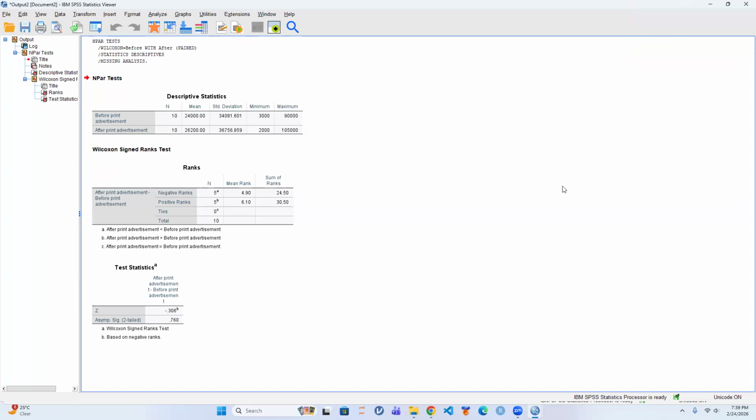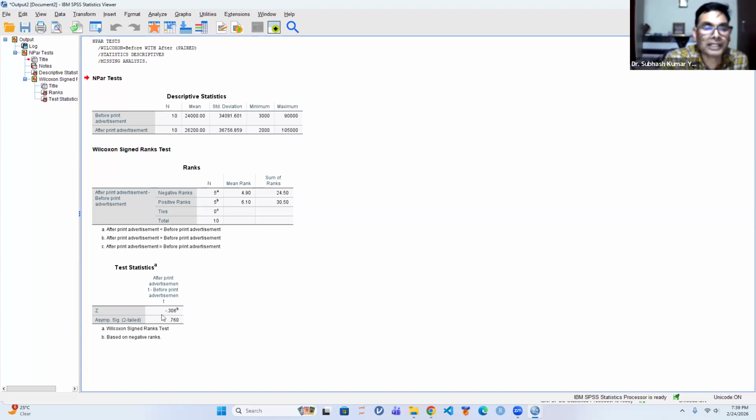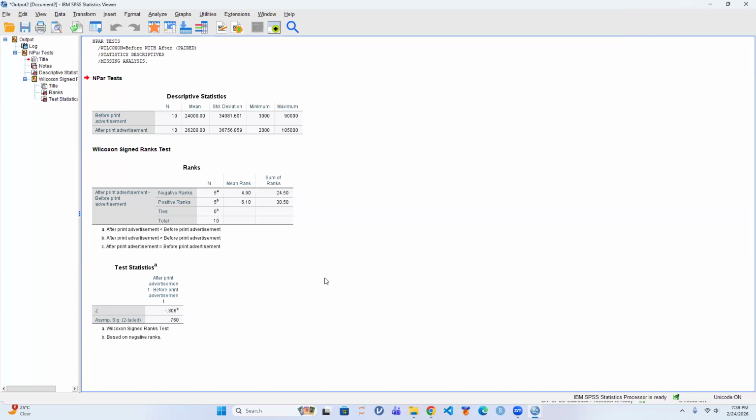Okay, sir. And one more thing: when we are seeing this test, along with the p-value, there is always chi-square written in the box. Chi-square is a separate test, and when we are running these, actually chi-square is the basic test for these. So if it is the chi-square test only, then why is a separate name given? Because there are certain applications of chi-square.